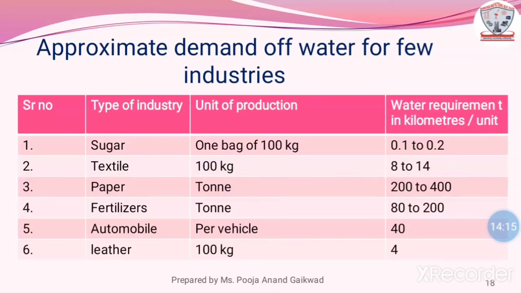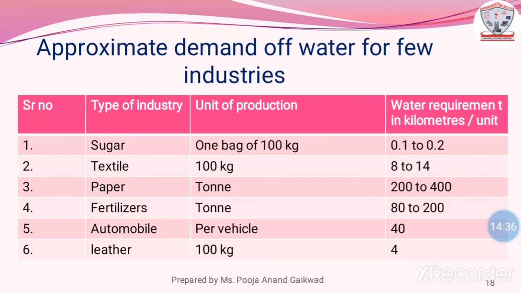Now we will see the approximate demand of water for a few industries, which is given in the table below. We have a column for type of industry, its unit of production and its respective water requirement in kiloliters per unit.